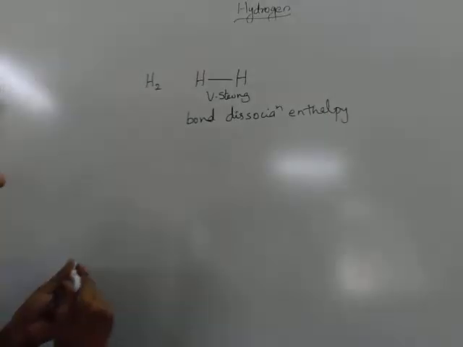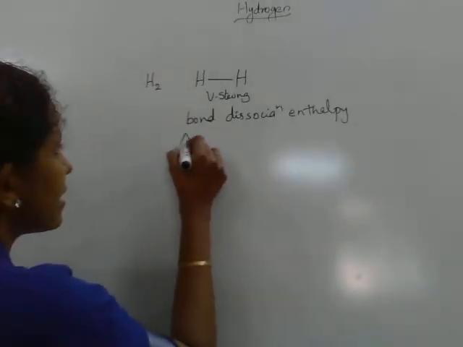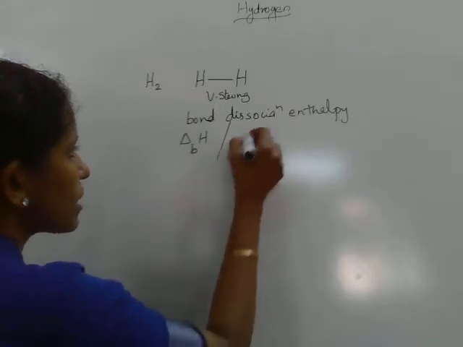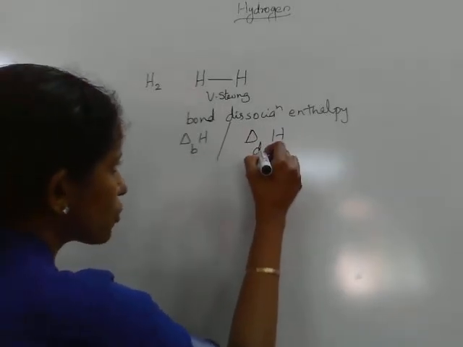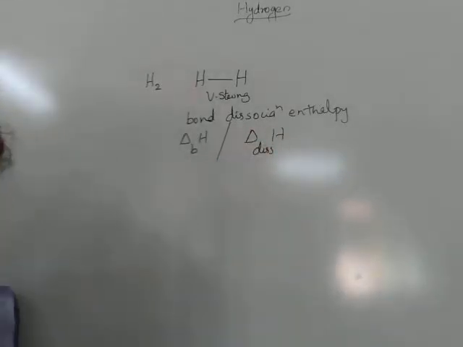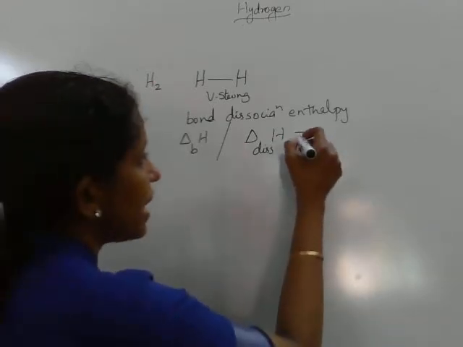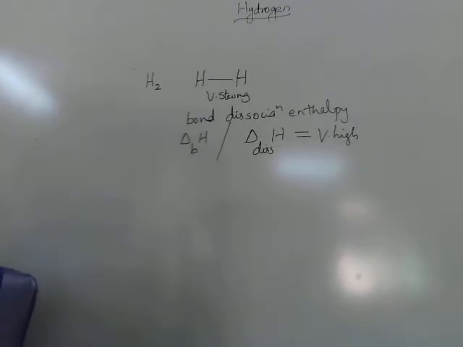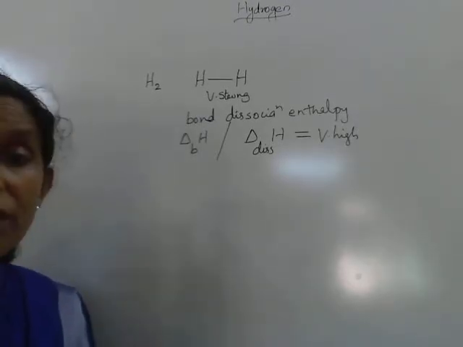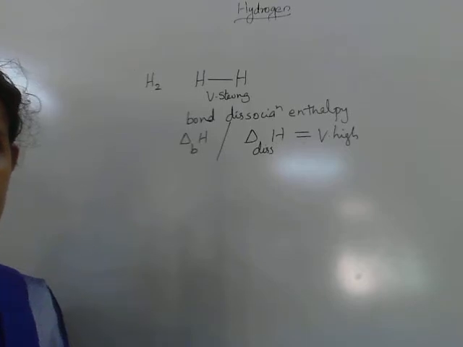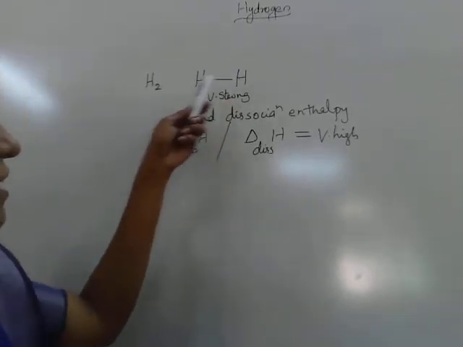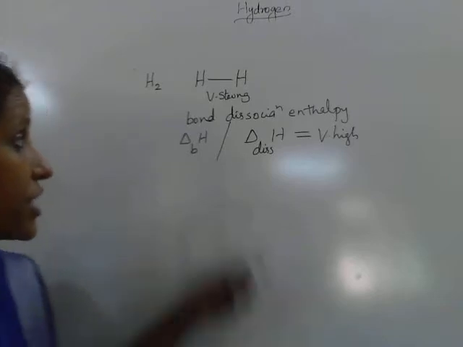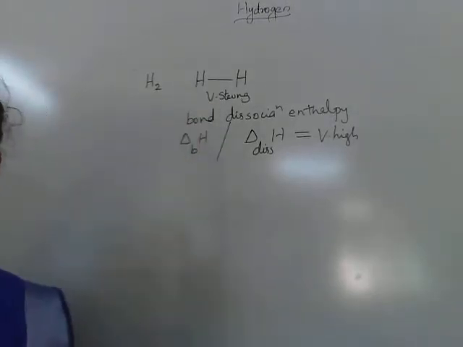It is denoted as delta H B or delta H dissociation. The bond dissociation enthalpy of dihydrogen is very high, actually the highest for a single bond between two atoms of any element. That means to break this H-H single bond, we need to give a large amount of energy.